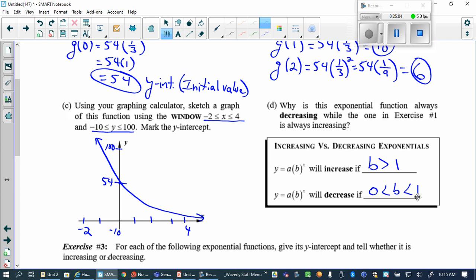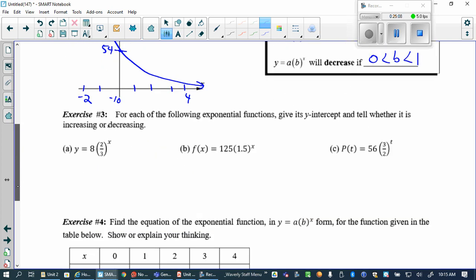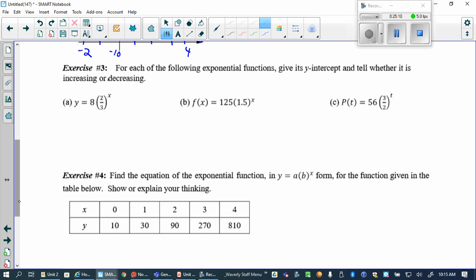Okay? Got it? What else we got here? We can do this without any calculating at all. They want us to look at these functions, give its y-intercept, and whether it's increasing or decreasing. I will help you with the first one. Don't touch a calculator or anything.